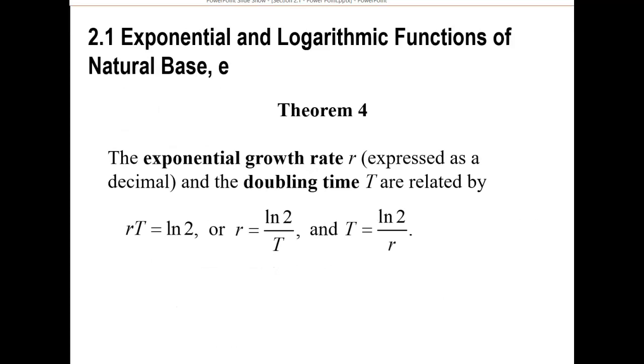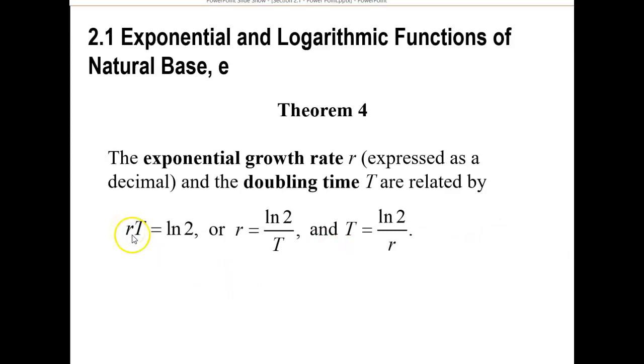All right, there is a part of one of the problems on the homework that asks you about doubling time. The exponential growth rate r, which is like the interest rate in the interest problem we did earlier, expressed as a decimal, and the doubling time, in other words, the time it takes for an amount to double, we'll call that capital T, are related by this equation.